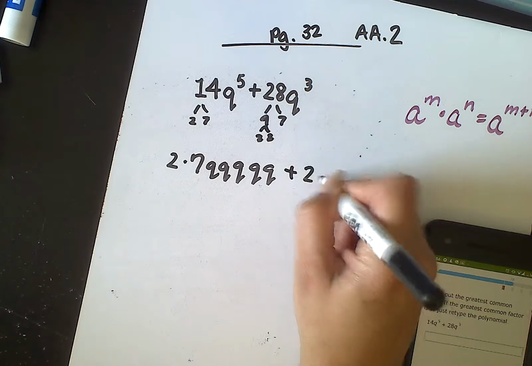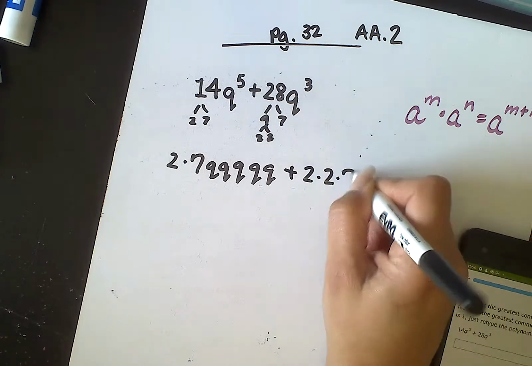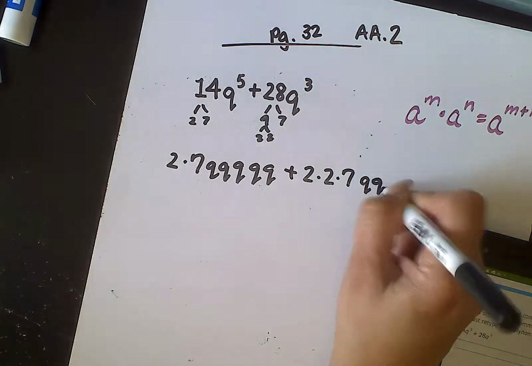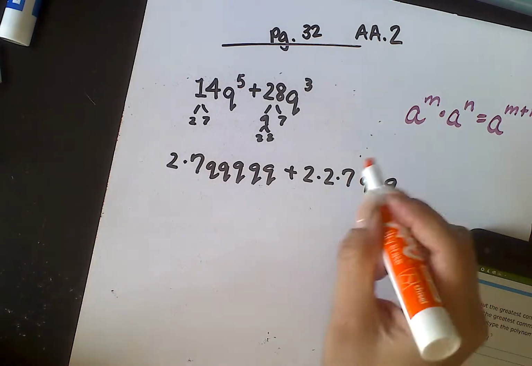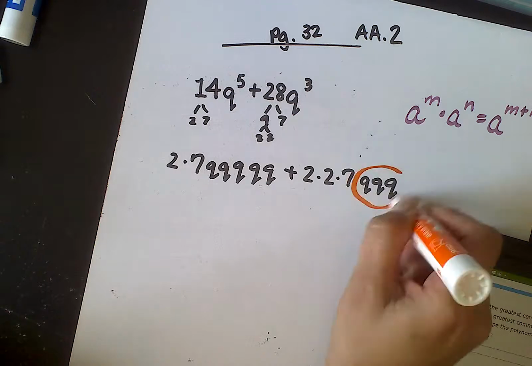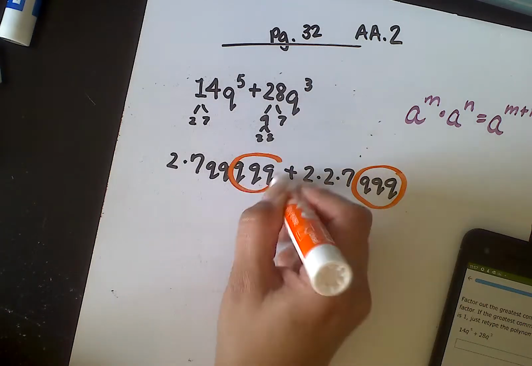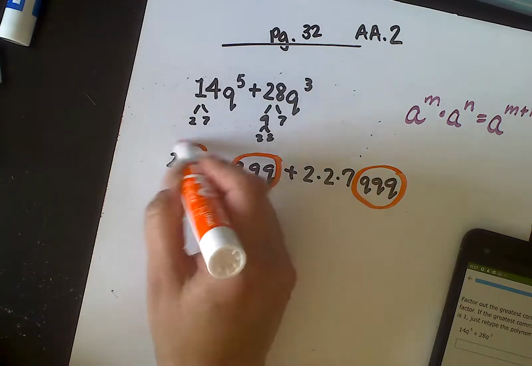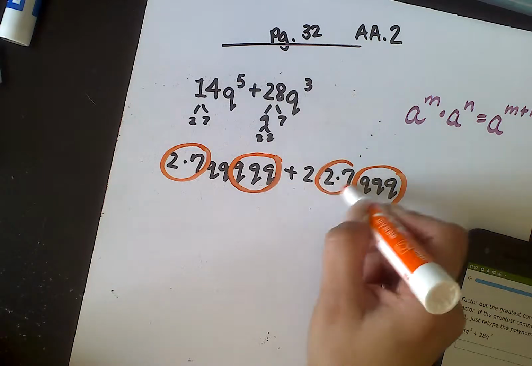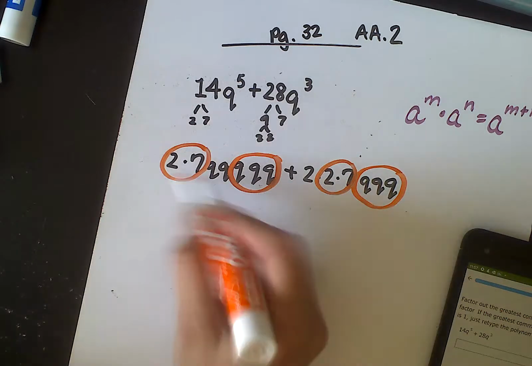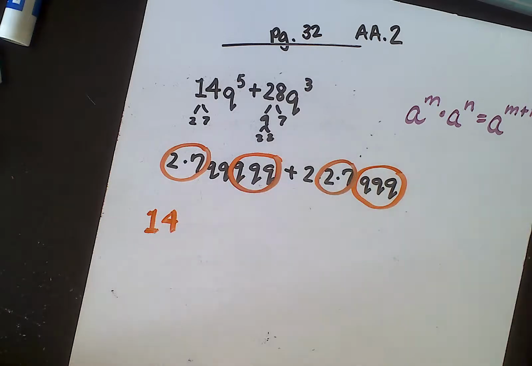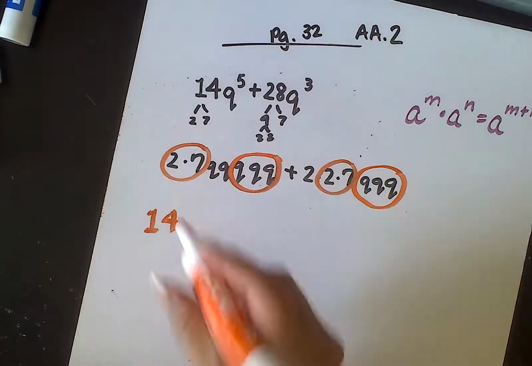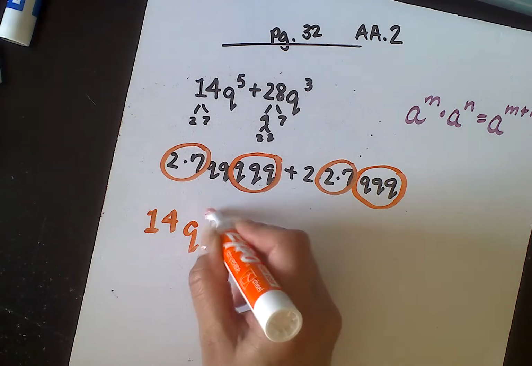So plus 2 times 2 times 7, and then 1, 2, 3 q's, sorry. All right, well, in that case, I do have 3 q's on both sides. I also have 2 times 7 on both. So that means that would be 14 and then q cubed.